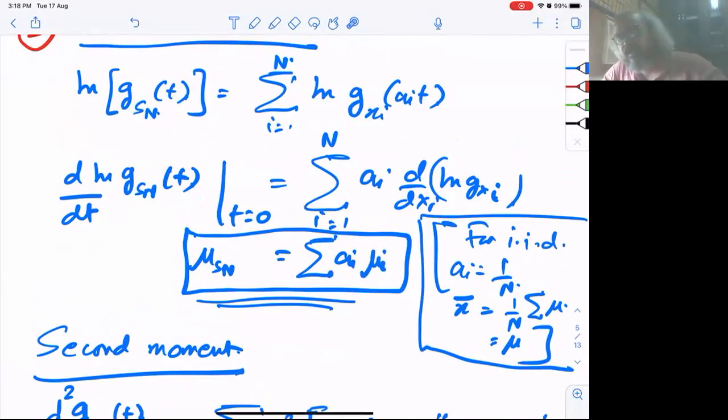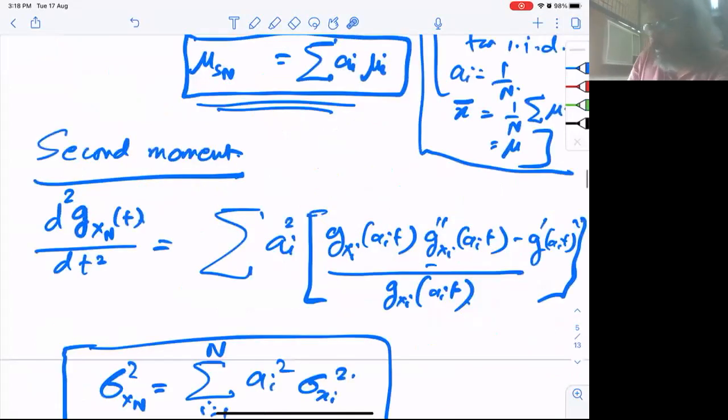You're taking data from the same distribution, so all the a_i's are the same, 1 over n, the same weight. You're calculating the mean, so the X bar mean you see is 1 over n times the summation over all the moments of the individual distribution, which is mu. So n mu divided by n is just mu. So it's basically telling you the moment of the total distribution is the mu that you are after, the estimation of the parameter.